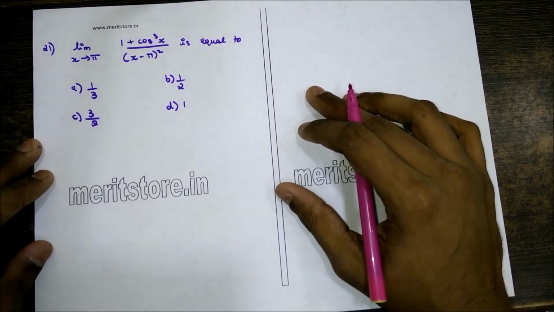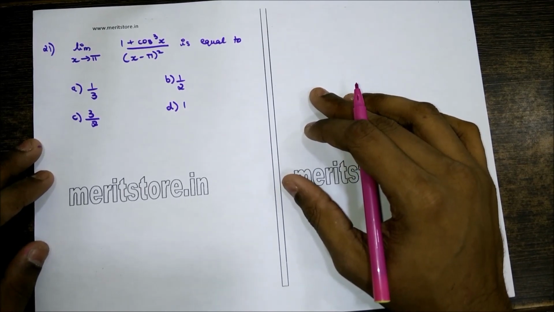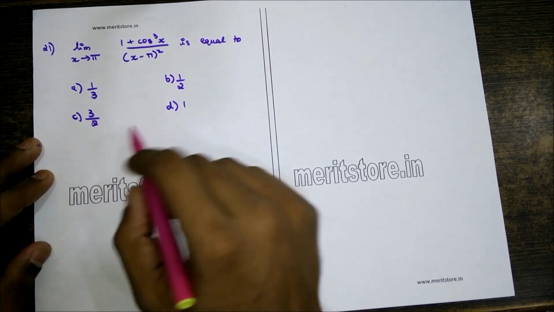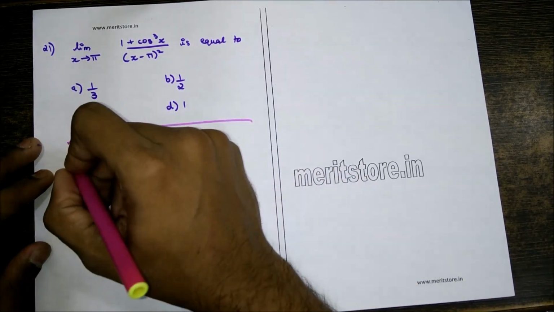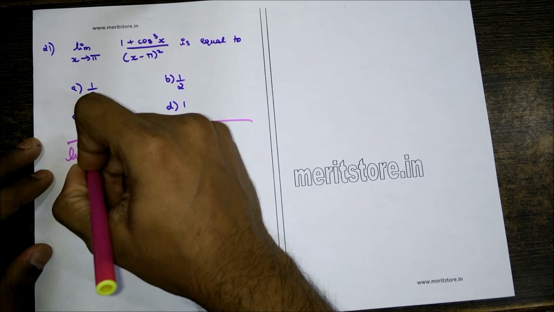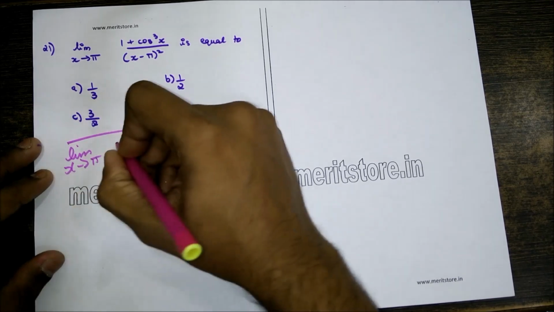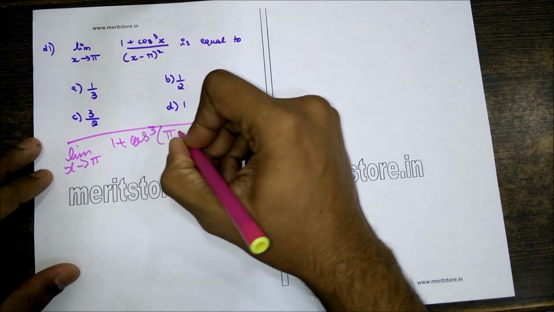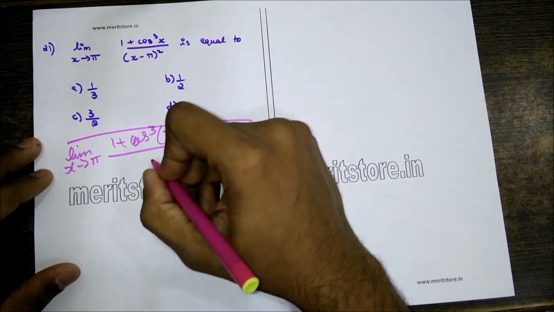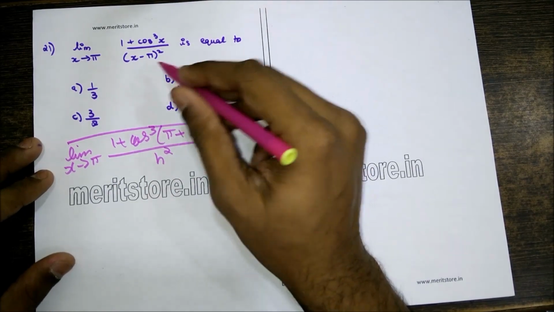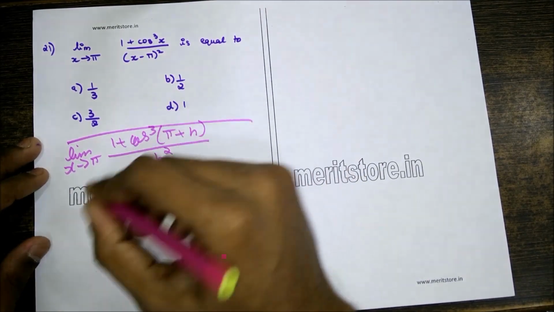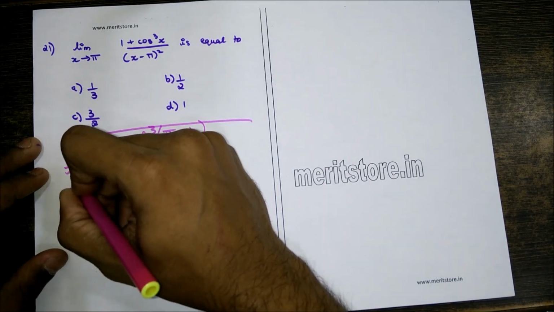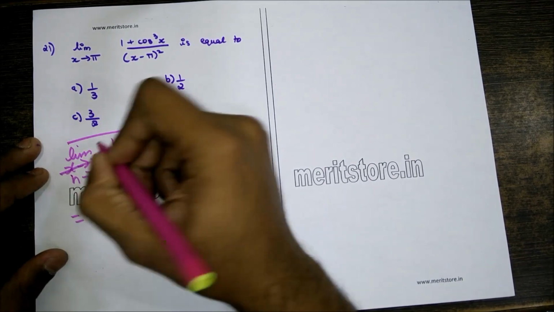Limit of x tends to pi, (1 plus cos cube x) by (x minus pi) the whole square is equal to: A 1 by 3, B 1 by 2, C 3 by 2, or D 1. So therefore we have limit of x tends to pi, 1 plus cos cube (pi plus h) upon h square. Here we've replaced these terms by h, and this will now be h tends to 0.